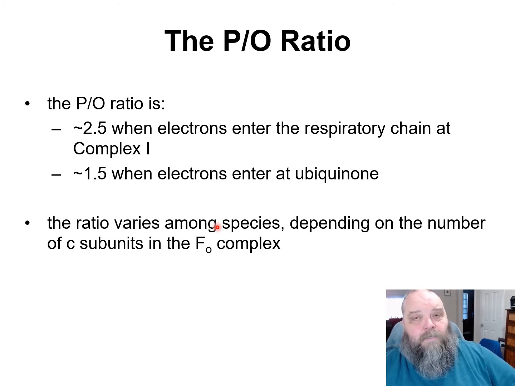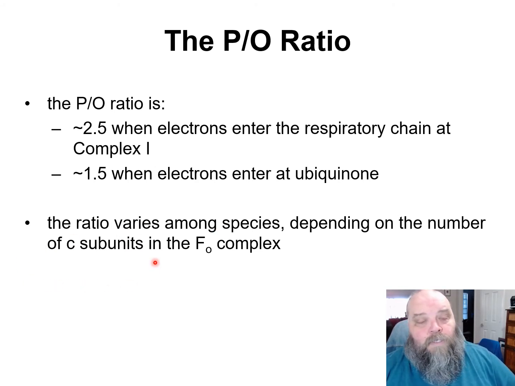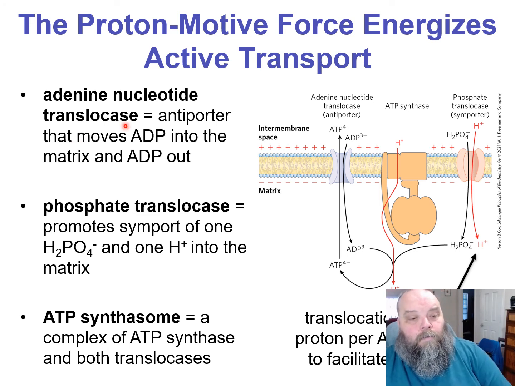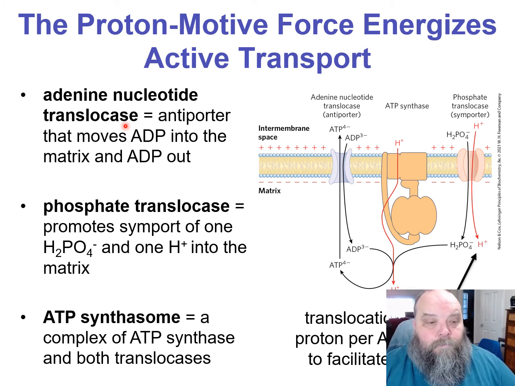This ratio varies from species to species. One of the things it's going to be based on is how many subunits are in the F0 complex. We also see that this proton motive force is what brings the ADP into the mitochondria.